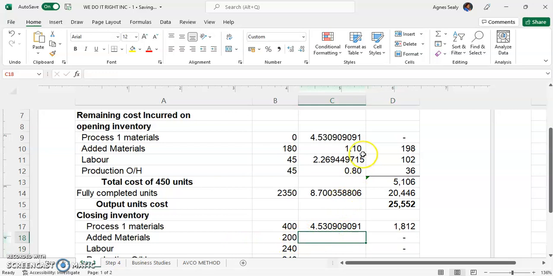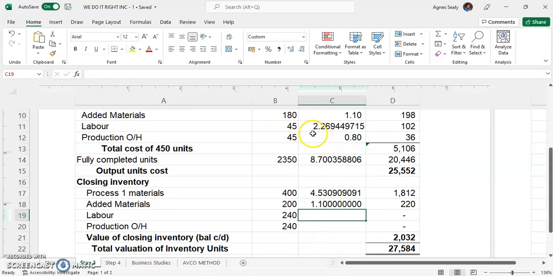Our added material cost per equivalent unit is $1.10. And when we multiply the 200 equivalent units by $1.10, we get $220 as the value of added materials in our closing inventory.